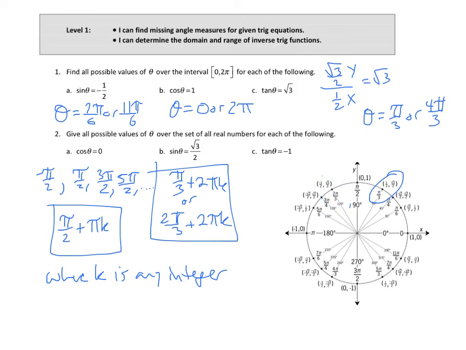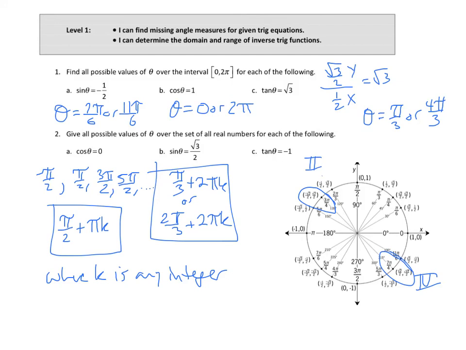And our last one, we want to find all the places on the unit circle that have a tangent value of -1. Tangent is negative in quadrants 2 and 4. And we're going to get tangent values of -1 at 3 pi over 4 and 7 pi over 4.